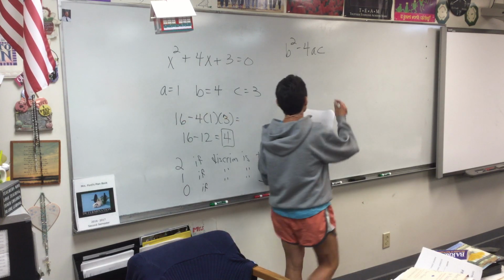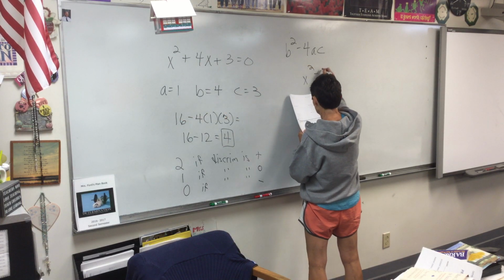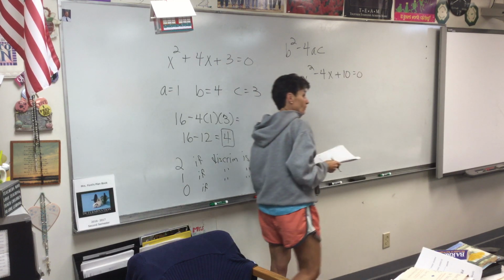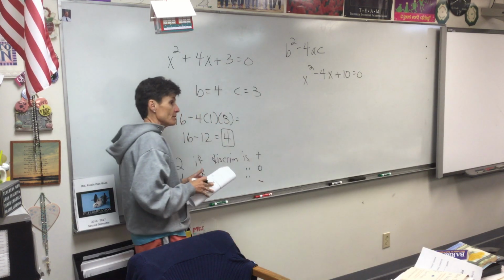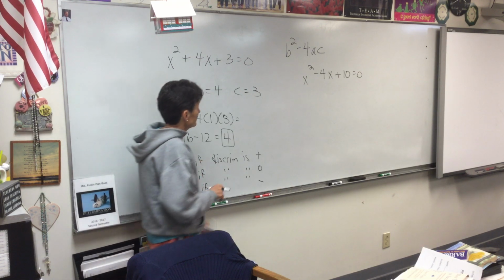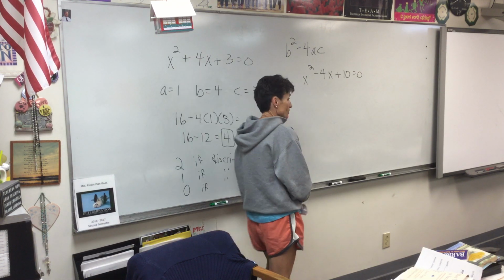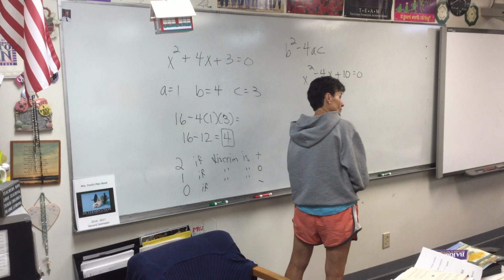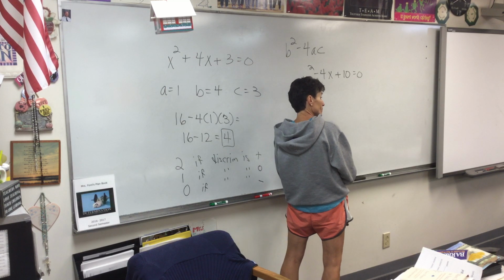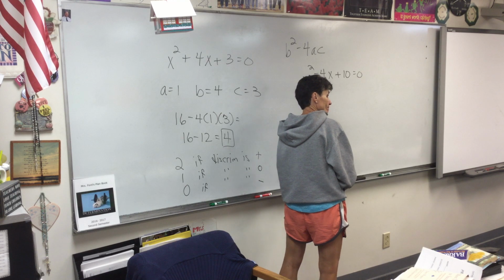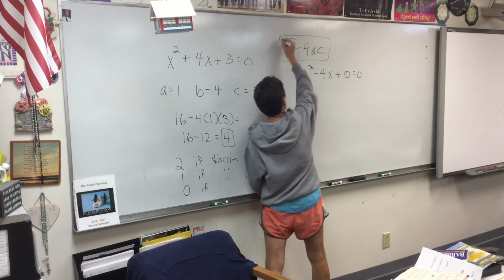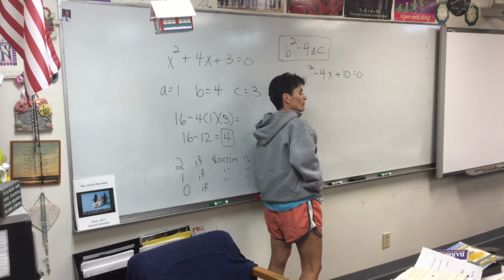All right, let's look at 17. So first of all, let's find the discriminant. All right, Hannah, what's our discriminant going to be? Set it up for me. Remember, this is it right here, b squared minus 4ac. So what's b squared?